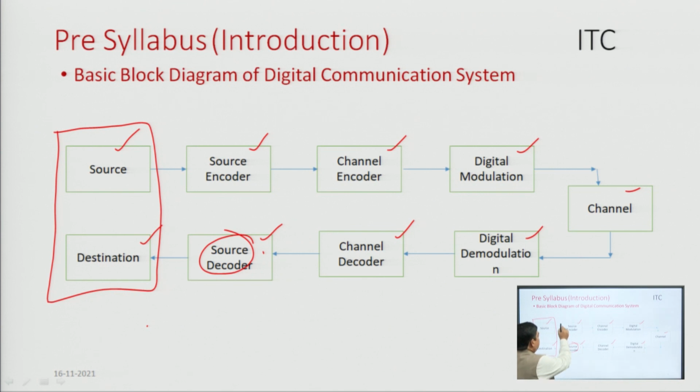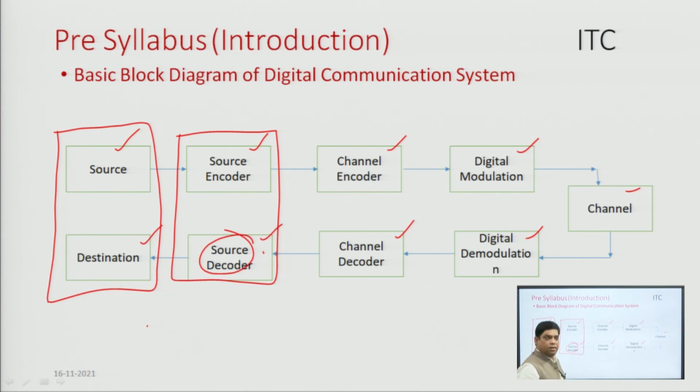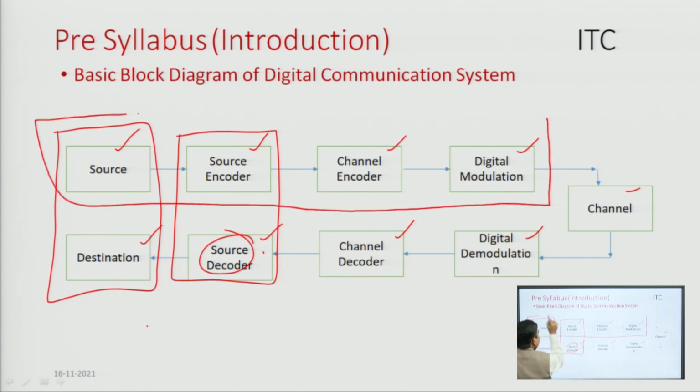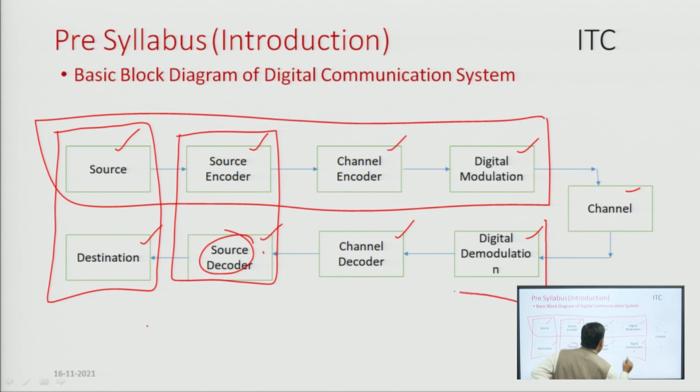Then two blocks can be grouped like this: the channel encoder and channel decoder, while the next main block, the channel, is far away. See, when you pass the information from the source to the source encoder and these blocks, this is the transmitter part, and this is the receiver part.